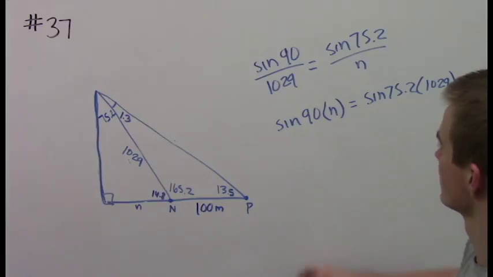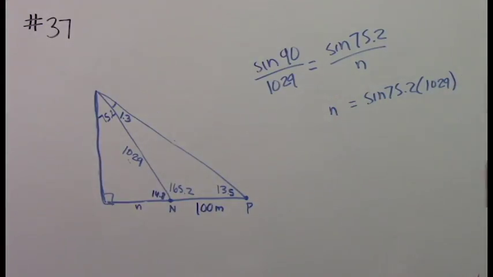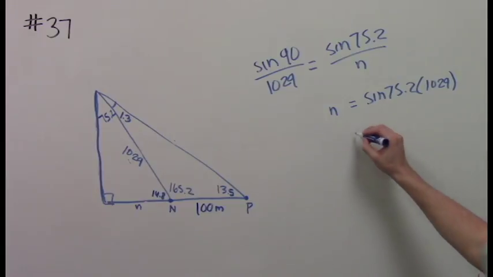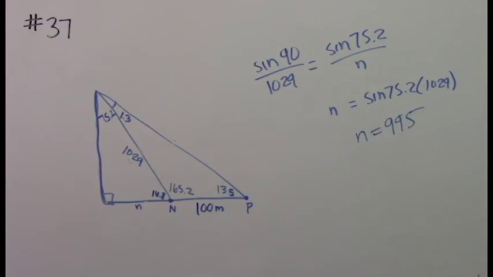And this is just 1, so we can just multiply it in right there, and we get n is equal to the sine 75.2 times 1029. And so our length n comes out to be 995. And that's your final answer.